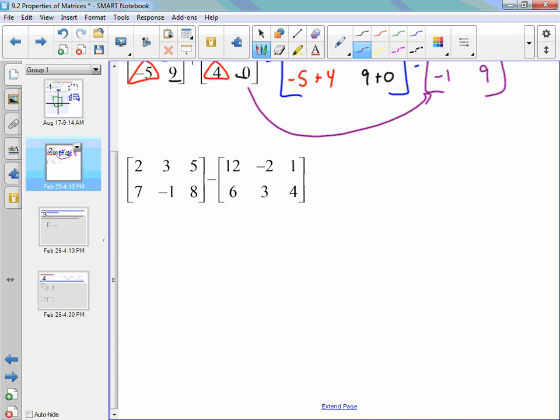Try to subtract these 2 matrices. And again, I am showing the work here for your reference.